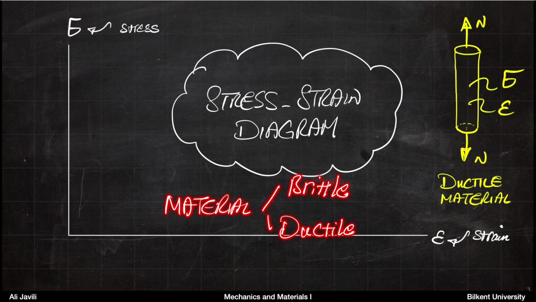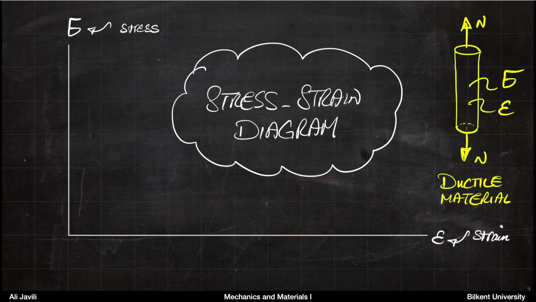Brittle materials are somewhat simpler. For brittle materials, the relation between strain and stress would be linear, and then they break essentially, and they show failure due to fracture. So for brittle materials, we are not going to talk about the strain-stress relationship in detail because it's usually just assumed to be a linear and simple behavior.